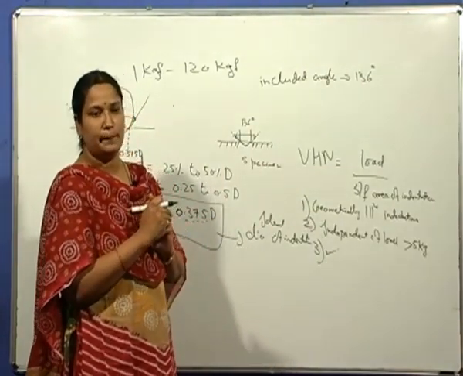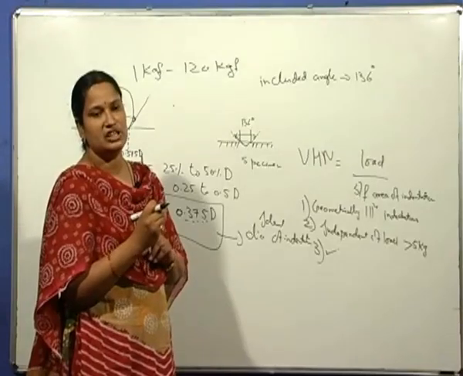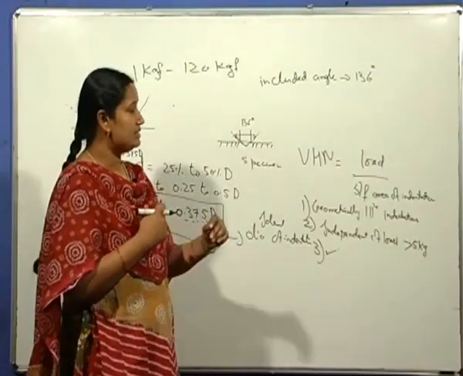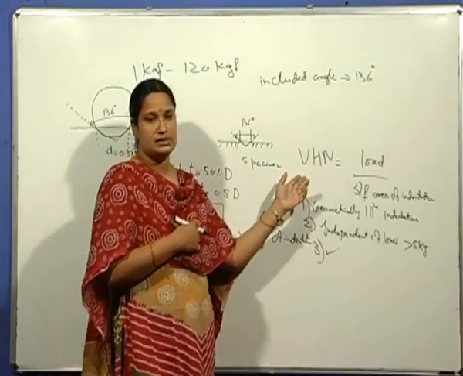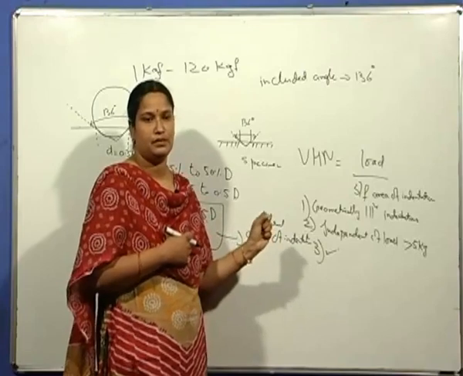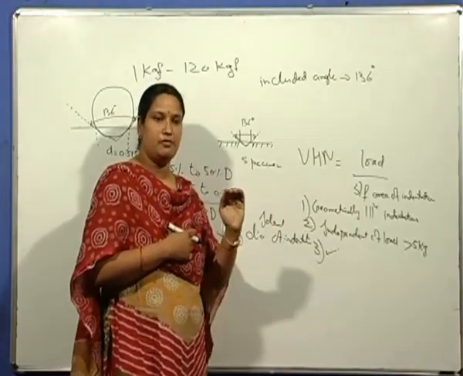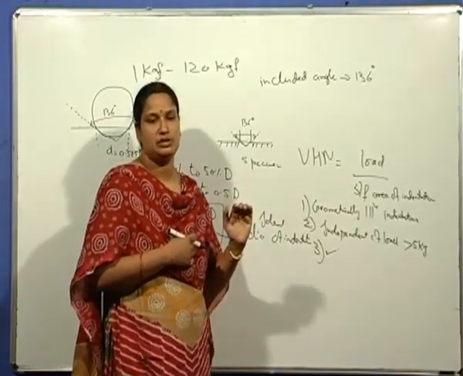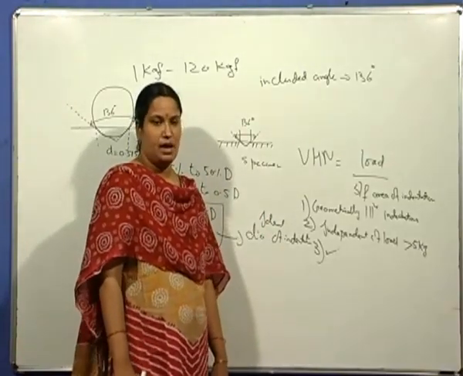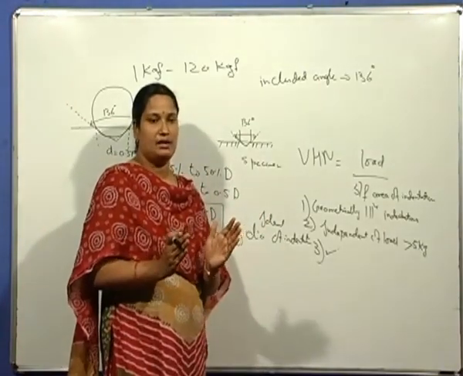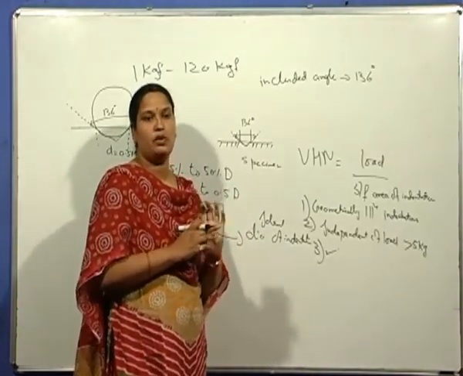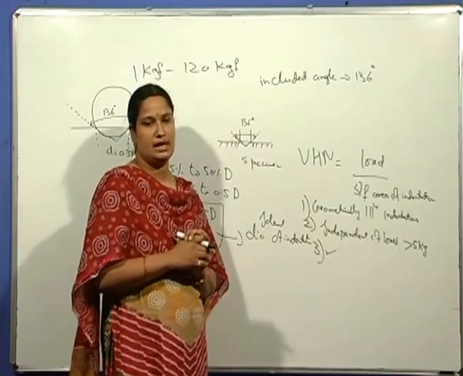When compared to Brinell, the size of indentation is in mm, whereas in the case of Vickers, the size of indentation is less than a mm. So very careful surface preparation is required for Vickers hardness test, and if there are any surface irregularities, one cannot go for this Vickers hardness test.